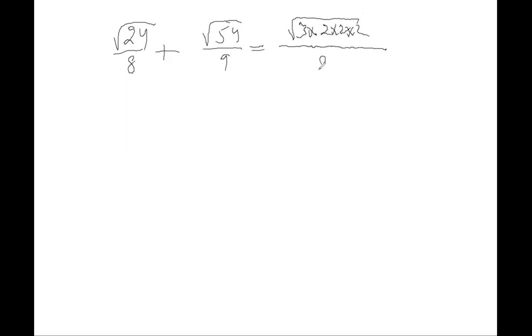We have prime factorized. 54 is 6 9s are 27 2s are means 2 into 3 into 3 into 3.